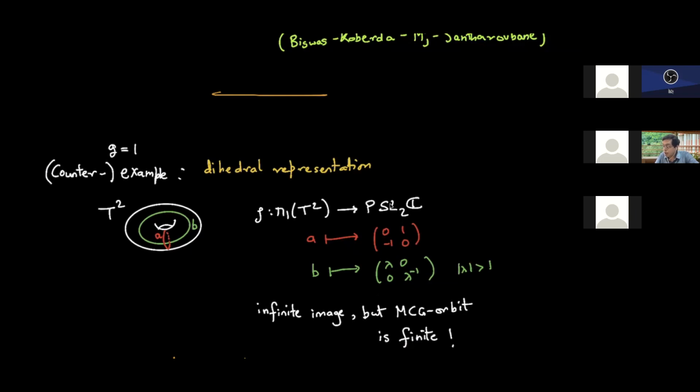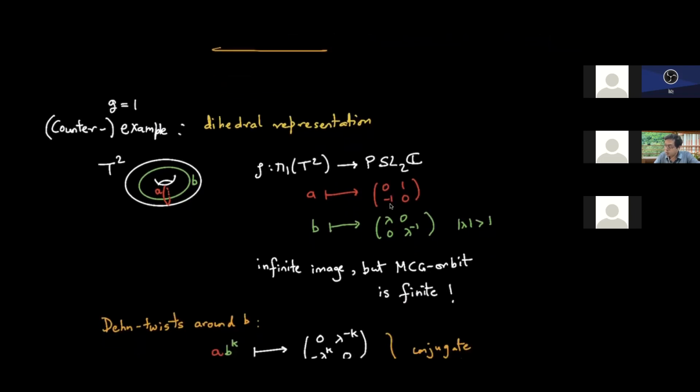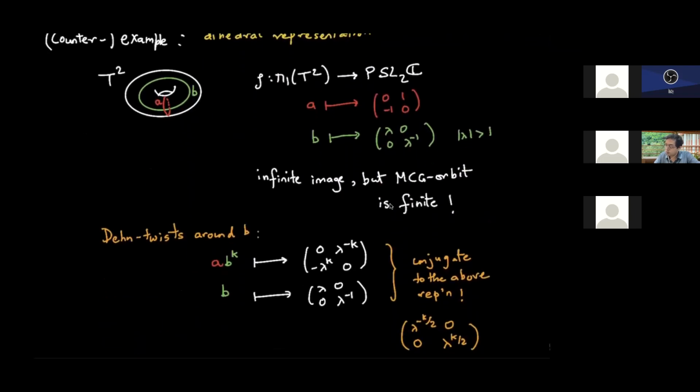Of course, this would have infinite image because powers of B grow larger and larger in norm. But it turns out the mapping class group orbit of this representation is finite. Let me try to convince you of that.